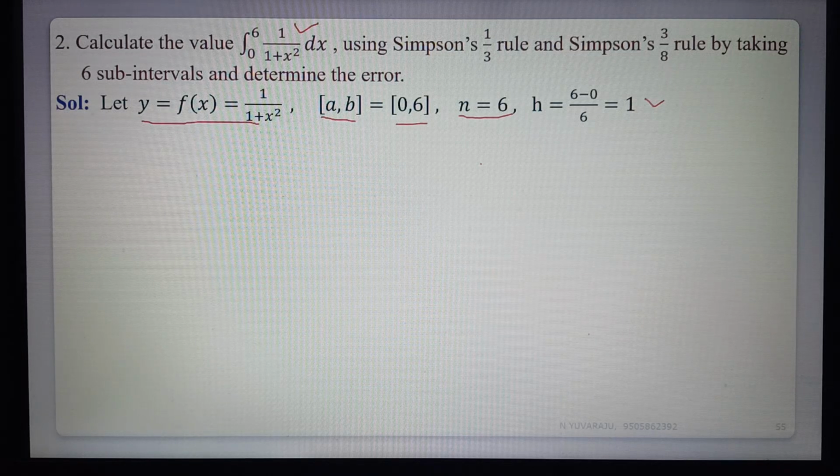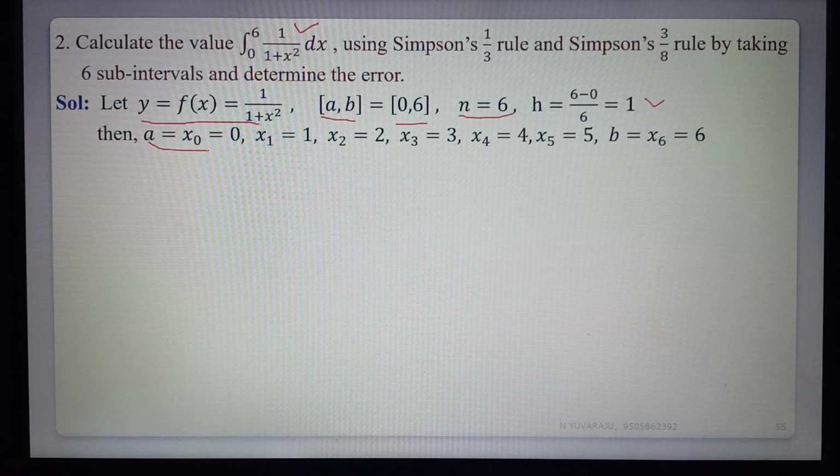Therefore the x values: first value x naught is a, the starting value 0. Next x1 is 1, adding step length 1, next 2, 3, 4, 5, 6, the last value 6, the b value. From 0 to 6, totally 7 values and 6 subintervals.